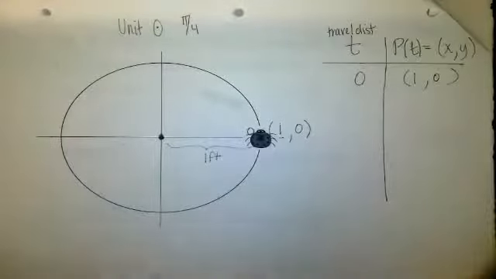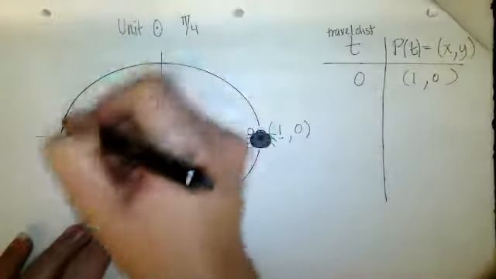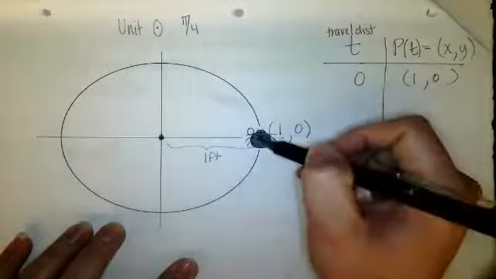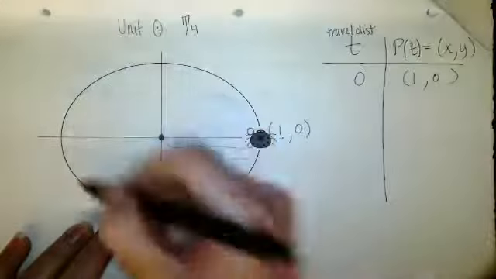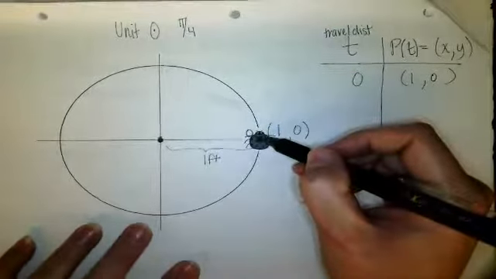But now she needs to go all the way around the circle. All the way around the rim of the circle is a measure of what? Circumference.